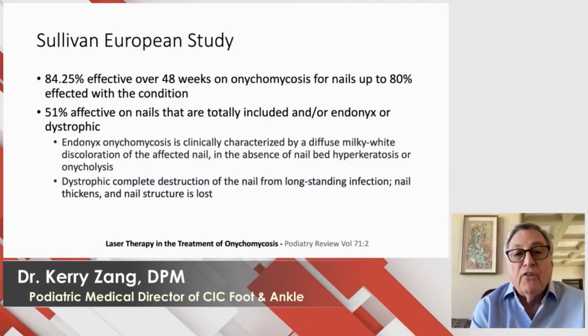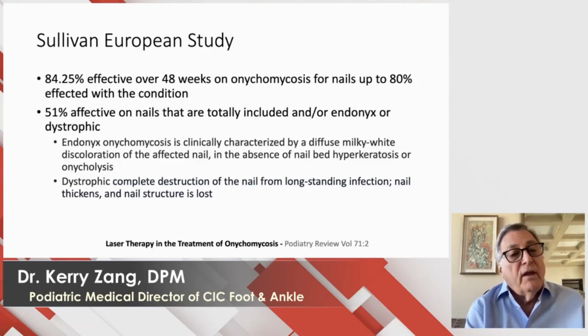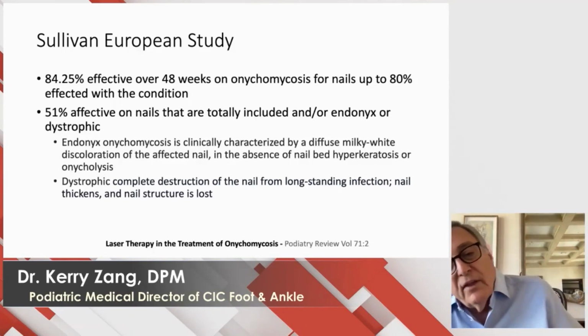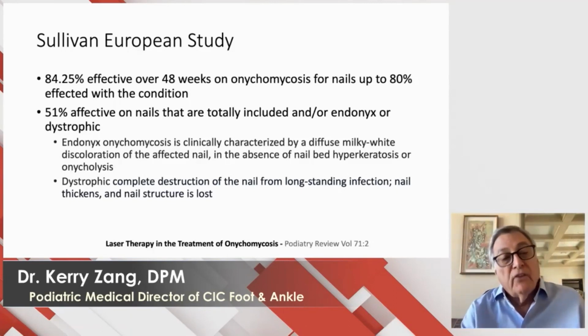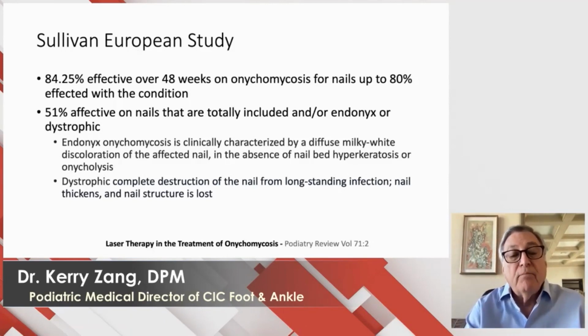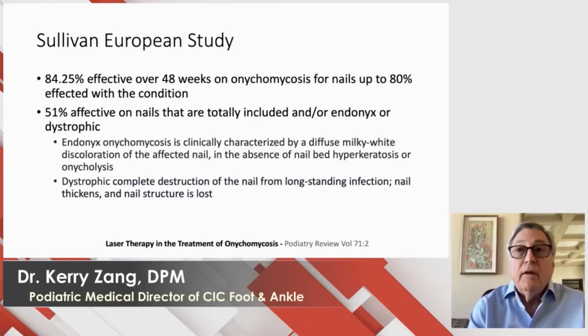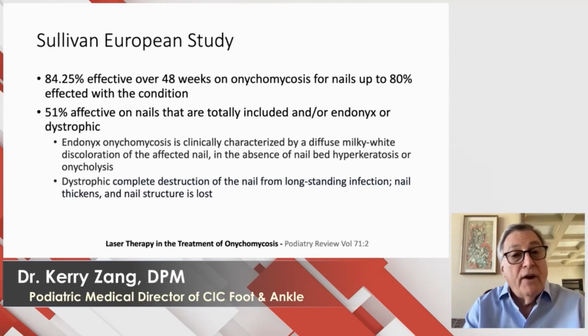51% was effective with nails that were totally involved and were dystrophic, and these involved the nail matrix as well as the germinal layer and unaligned portion of the plate. And it was very significant because we have another subsequent study where we increased the success rate from the totally involved nails to over 90%.